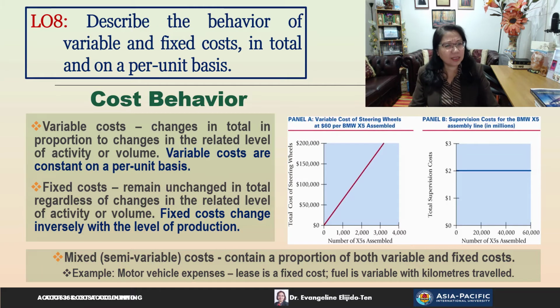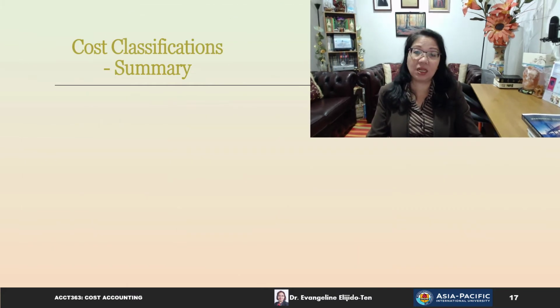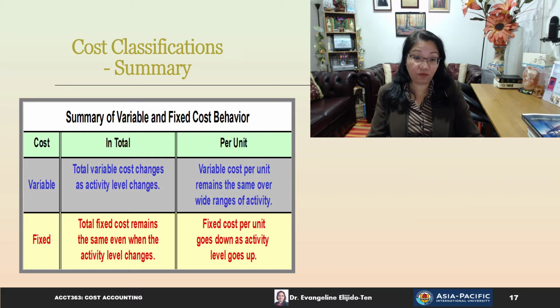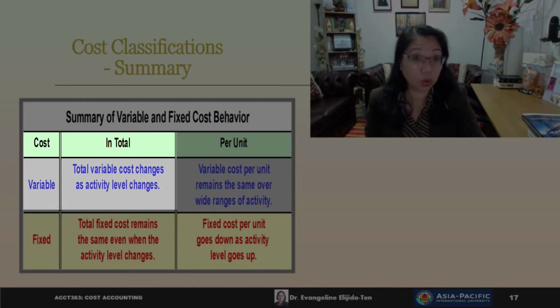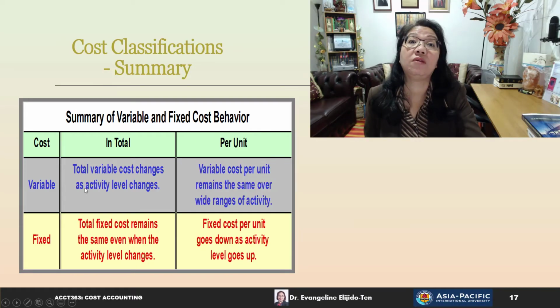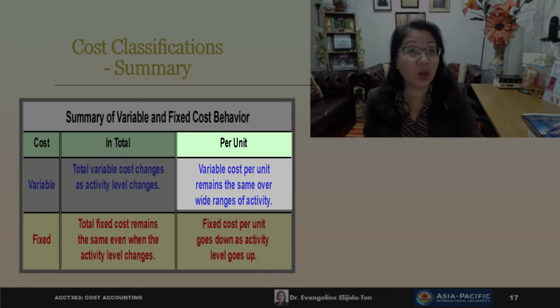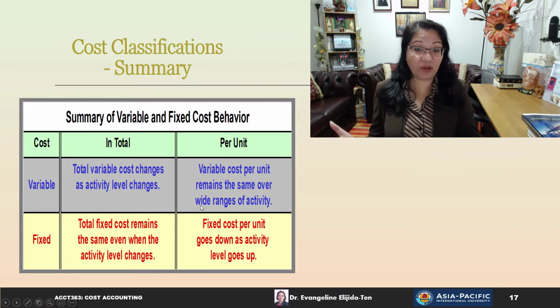Okay, so let's just summarize the cost classification in terms of variable and fixed cost. Remember that variable cost in total will change according to the activity level, according to the volume produced, for example. But on a per unit basis, variable cost will remain the same over wide ranges of activity.